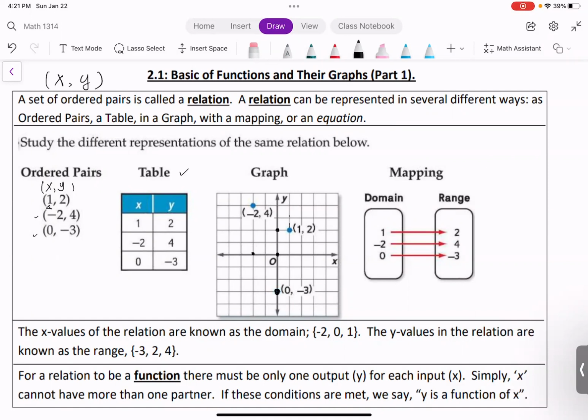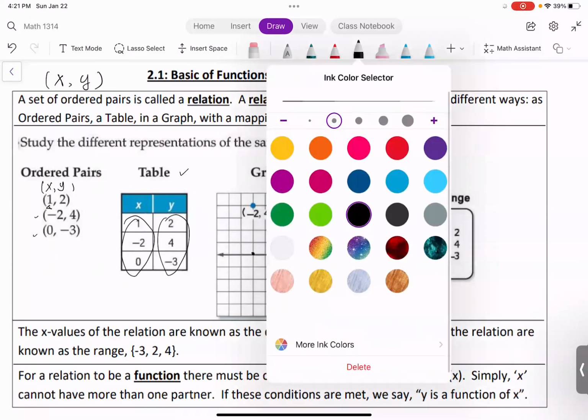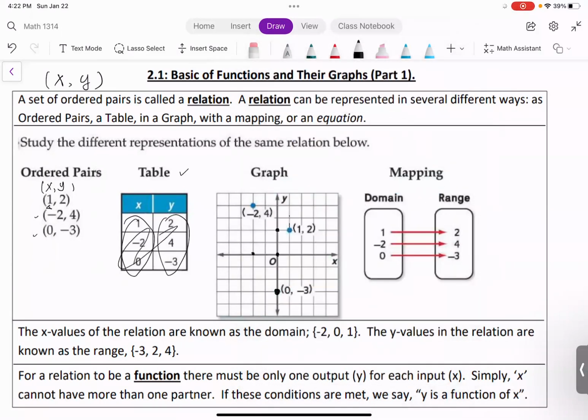We can also list them in a table. All the X values are here, all the Y values are here. The next relation is a graph. So we can draw an XY coordinate plane. The Y-axis is a vertical line.